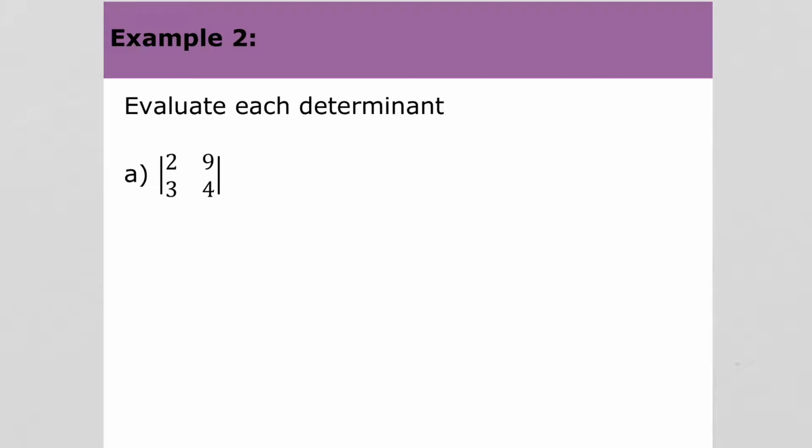So let's look at an example of that. For example 2, we're just evaluating the determinant. So all we do is 2 times 4 minus 9 times 3. That's 8 minus 27, or negative 19. That's also the cross product of the vector with 2, 9, and 3, 4.